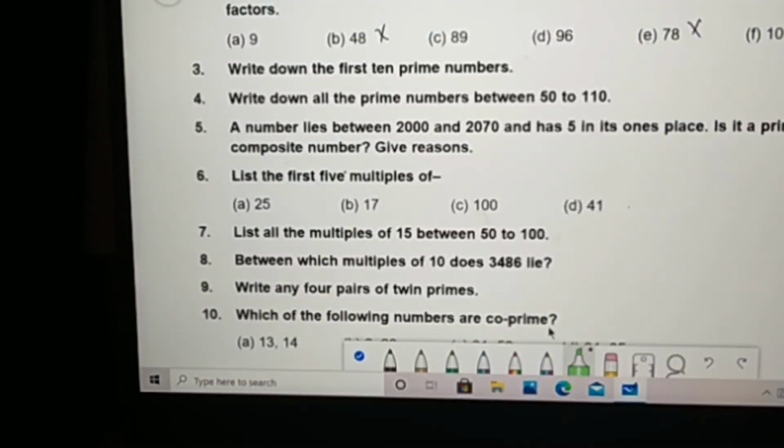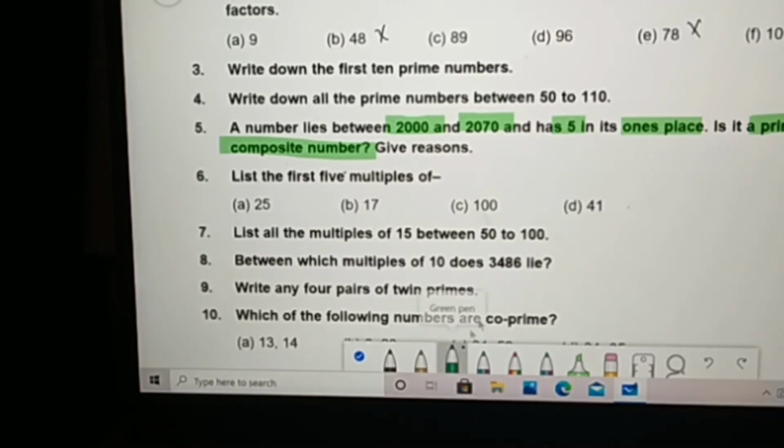A number lies between 2000 and 2070 and has 5 in its ones place. Is it prime or composite? So you have to decide: any number having 5 in its ones place is divisible by 5.